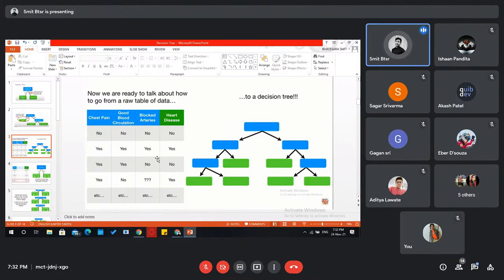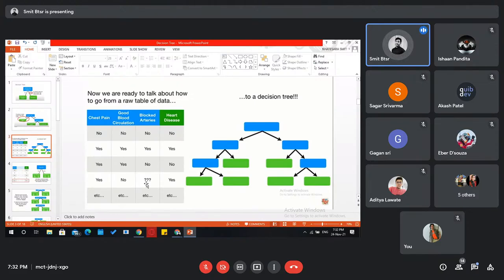It seems like that, but it is not the case. Here we do not know about blocked arteries, but the blood circulation is not good, and the person has heart disease, and chest pain is also there. So there are different combinations also, right?